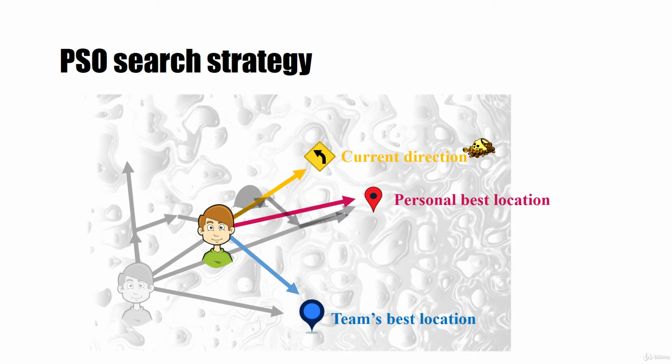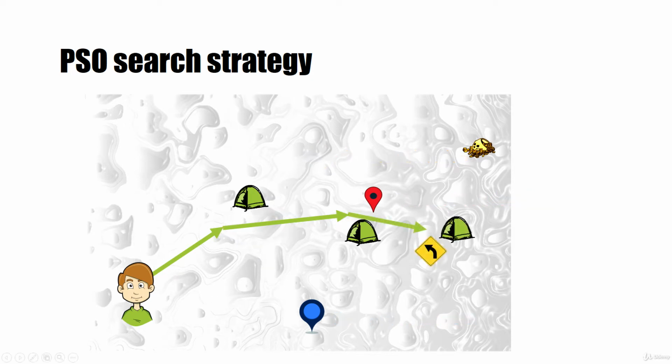He needs to walk again 10K towards the current direction, 10K towards the personal best, and 10K towards the team's best location. This is the path that he will travel by the end of the second day. This is the path that he has traveled so far. If we continue, here's how the path looks after 5 days. Day number 3, day number 4, and day number 5.